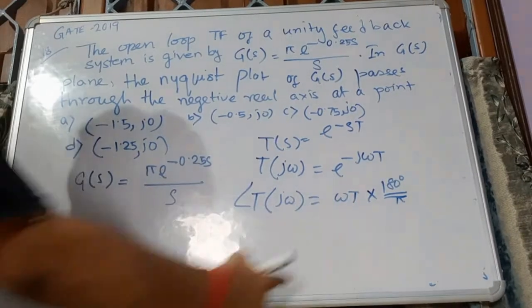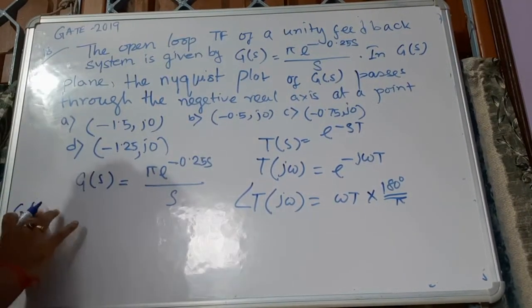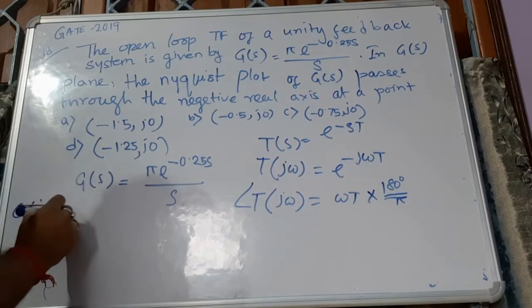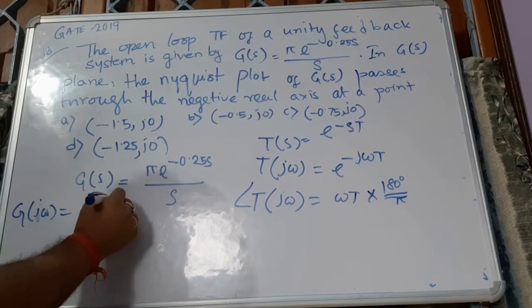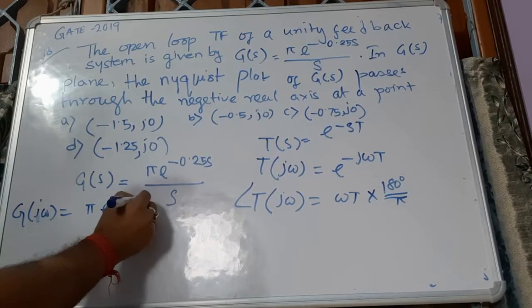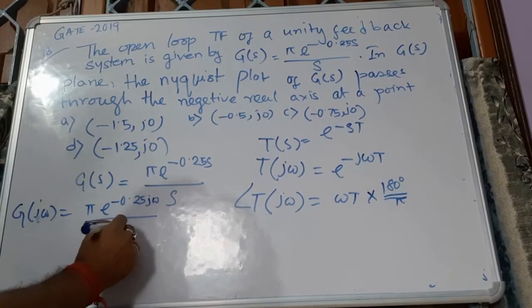So from this result we can calculate G(j omega) equals pi e to the power minus 0.25 j omega divided by j omega.